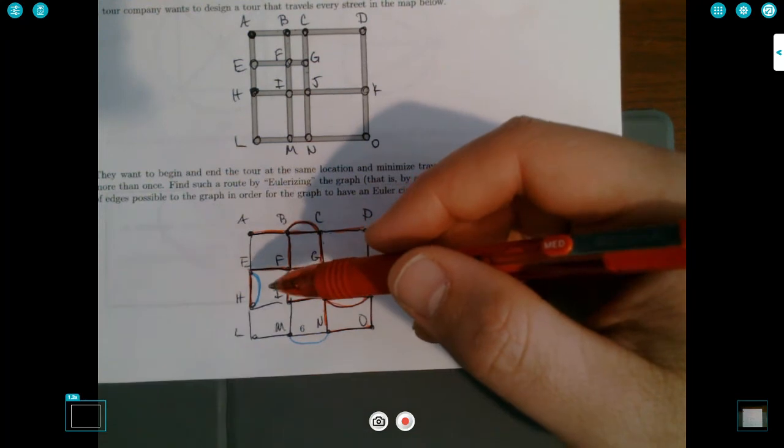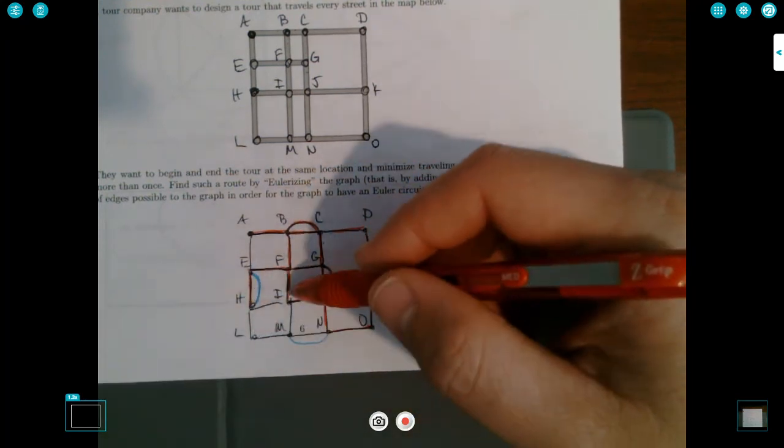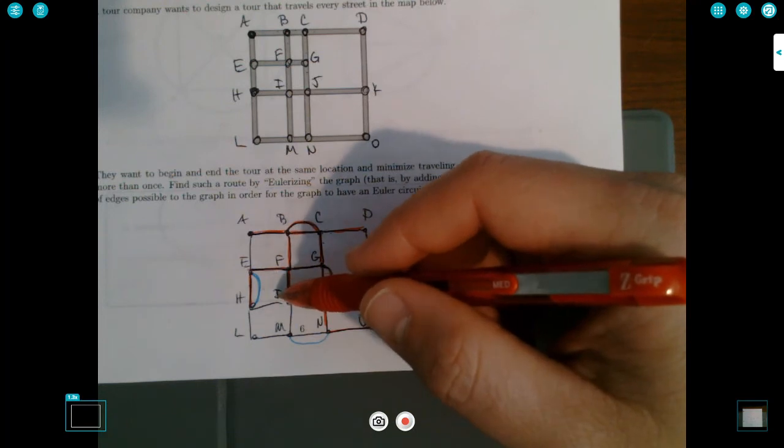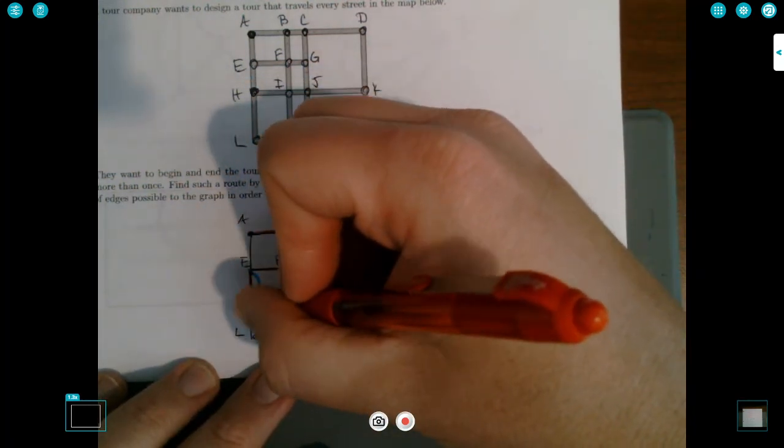If I take it out, no, it's not a bridge. I could still get to I. That's not a bridge. Okay, so I'll go over there then.